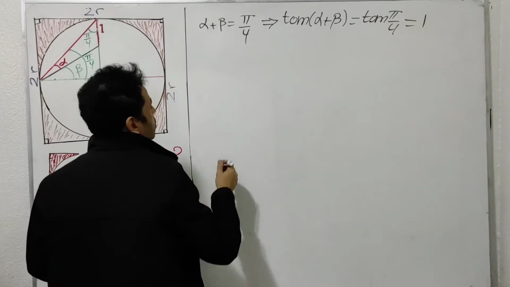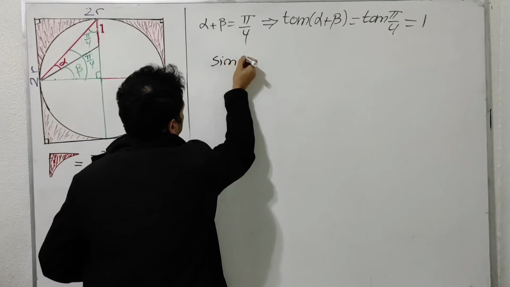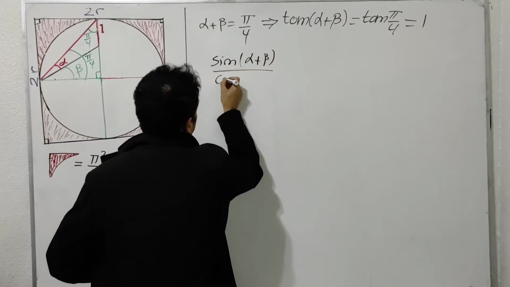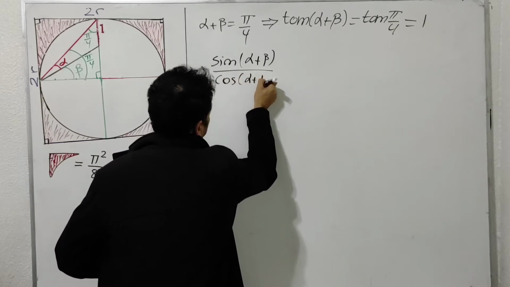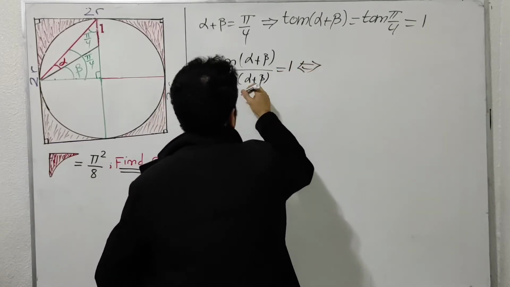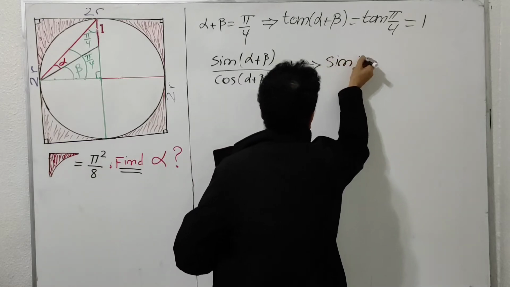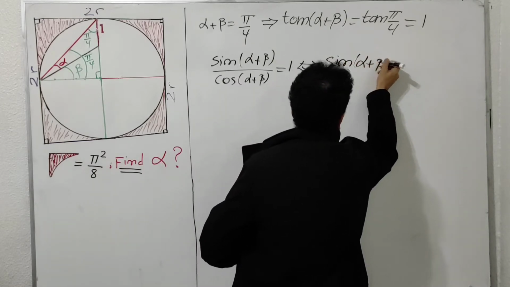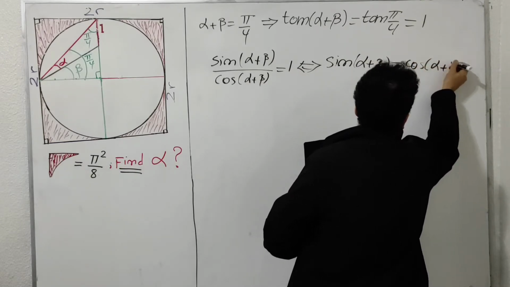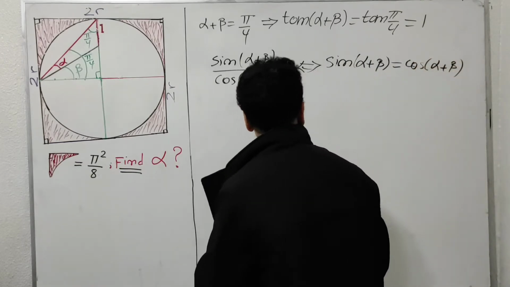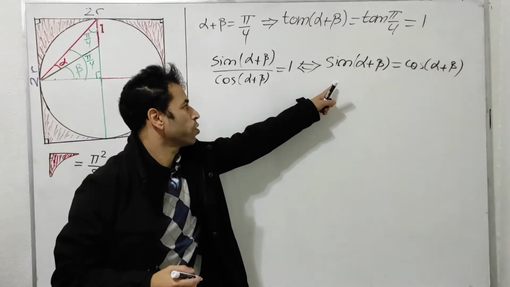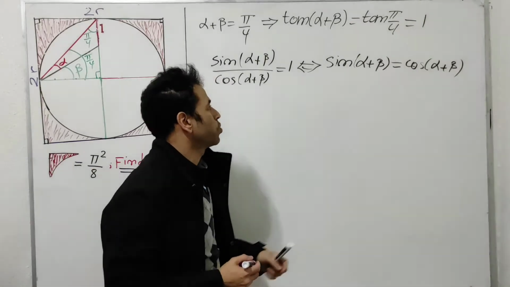Tangent of alpha plus beta equals sine of alpha plus beta divided by cosine of alpha plus beta, equal to 1. This is equivalent to sine of alpha plus beta equals cosine of alpha plus beta. I'm going to use the trigonometry formula to expand this.